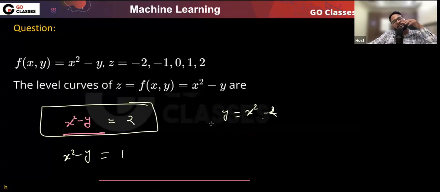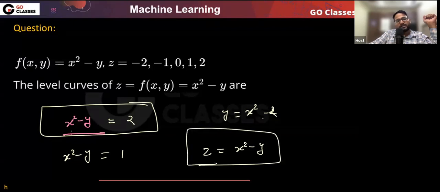So if they ask us to draw the contours, then what are you doing? See, this is the general function. Tell me how many dimensions are needed to plot this function. 3 dimensions, right? X, y, and z. The x value will vary, y value will vary, and based on that, z value will vary.